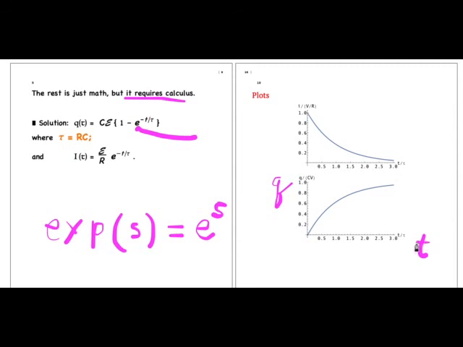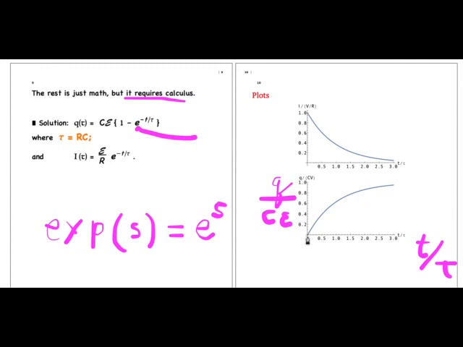To make it numerical, I'll plot Q divided by C times E. That's a dimensionless number, a pure number, because capacitance times voltage is charge. And to make the time dimensionless, I'll plot it as a function of time divided by tau. Tau has seconds. Time has seconds. T divided by tau has no unit. It's just a pure number.